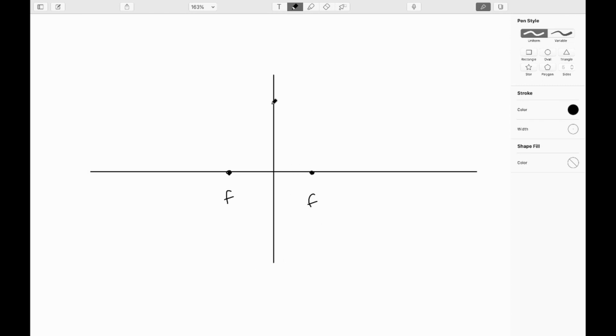So we're going to do a converging lens. So our focal length, and it's the same on both sides, for this problem is plus 40 centimeters.